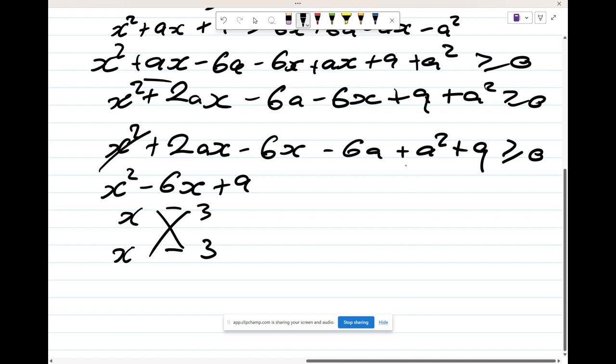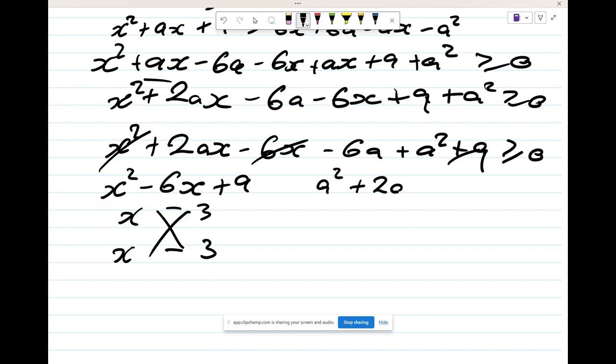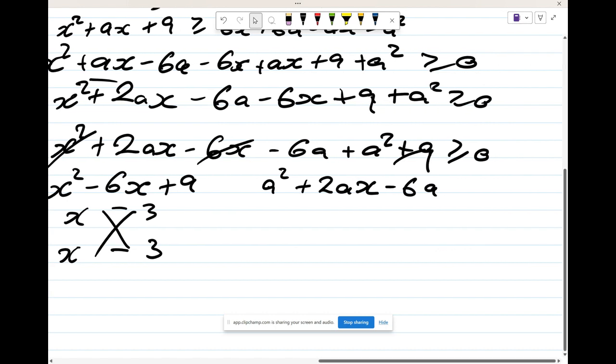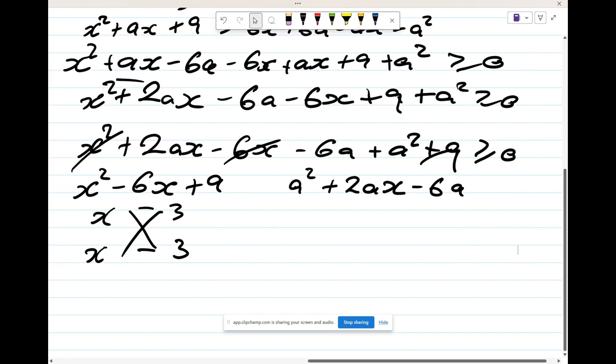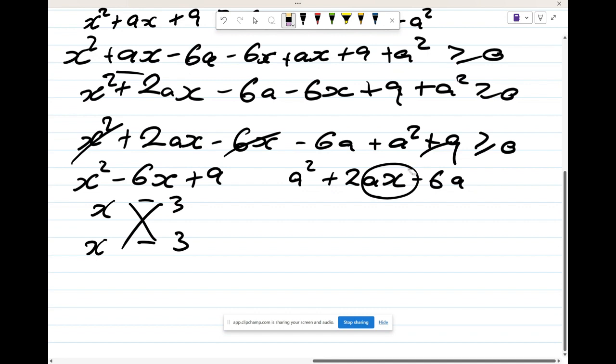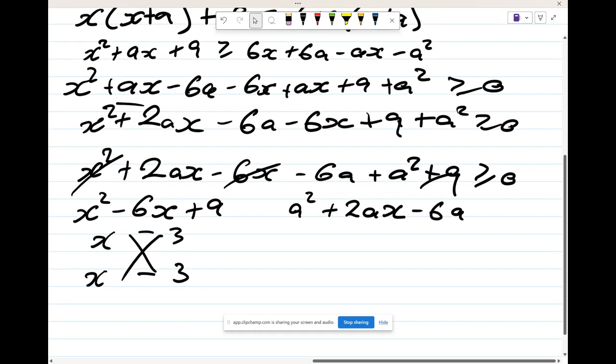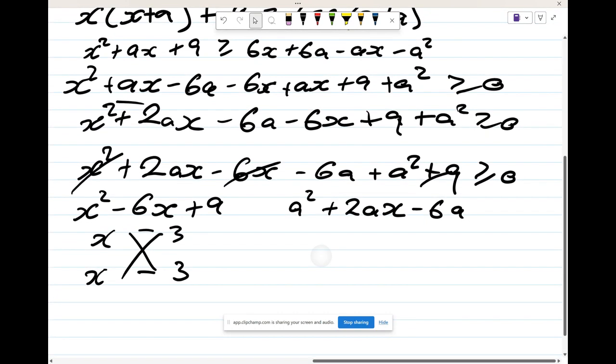So we've dealt with the x squared, the 6x, and the 9. So that leaves us with the a squared plus 2ax minus 6a. Okay. I think I might have gone wrong somewhere because we have an x here that shouldn't be. How are we going to get around that?